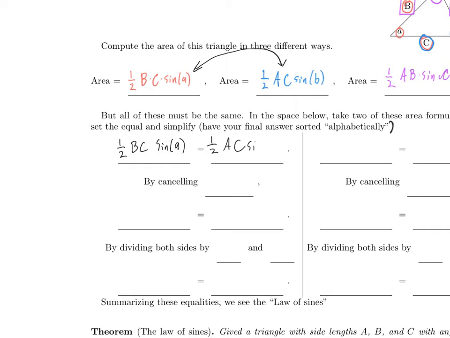a c sine of B. And notice on each side, I just see a bunch of stuff multiplied together, and none of those things are 0. If any of them were 0, I wouldn't have a triangle, now would I? A triangle can't have a side length of 0, it can't have an angle of 0, else it's not really a triangle. So that means we can do some canceling. Both the left and right hand side are multiplied by 1/2, so we can cancel those.